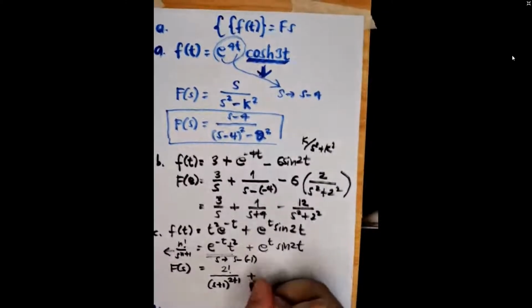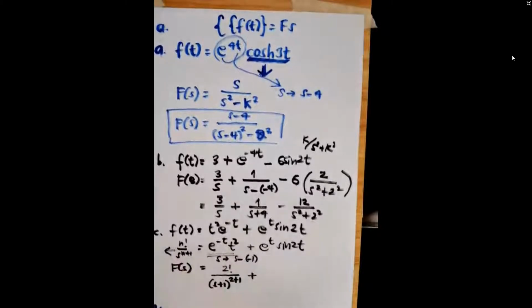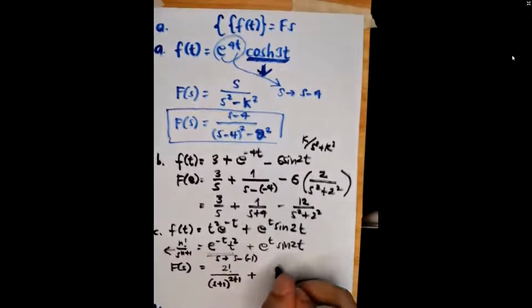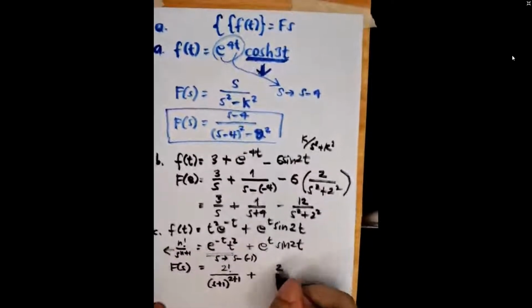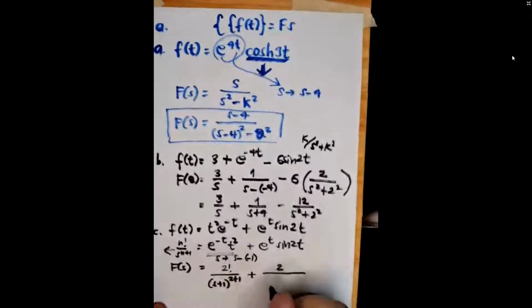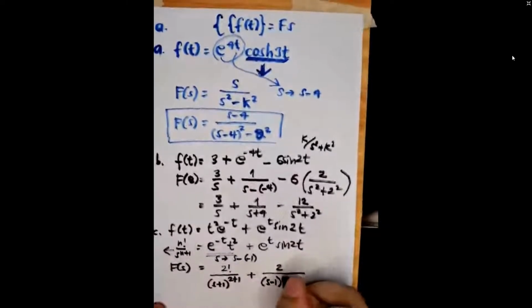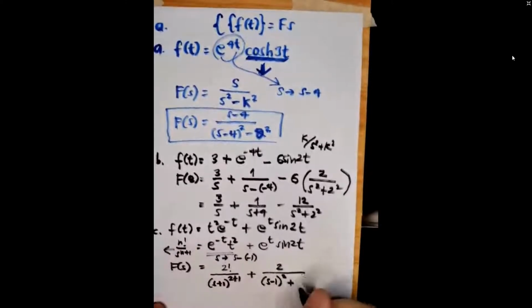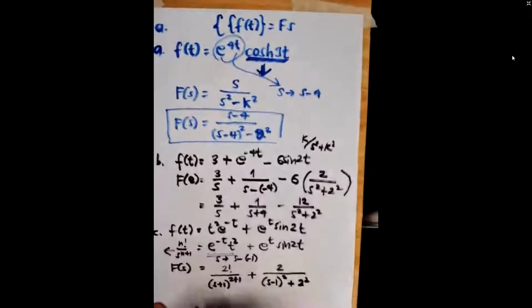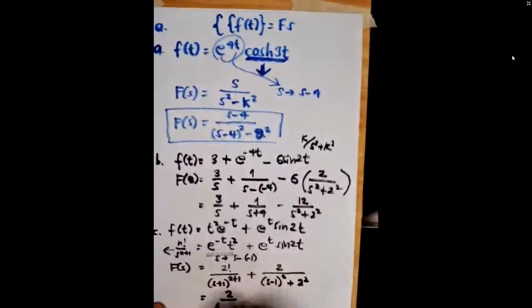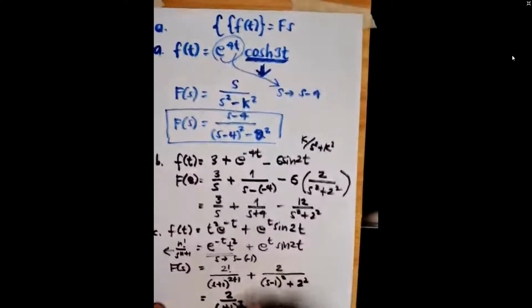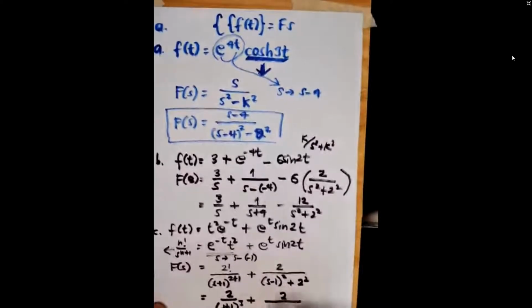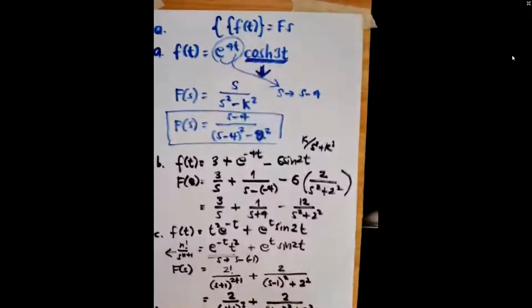Ayan. Plus, yun sa sine. So that will be 2 over s minus 1 squared plus 2 squared. Ayan. So that's equal to 2 over s plus 1 cubed plus 2 over s minus 1 squared plus 2 squared.